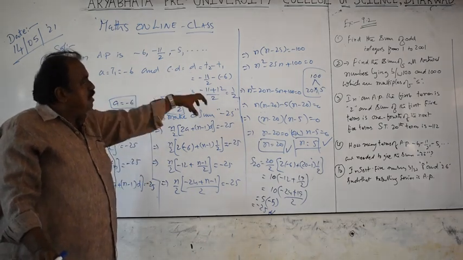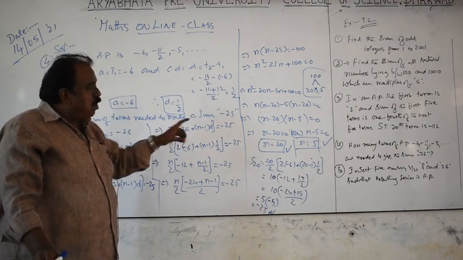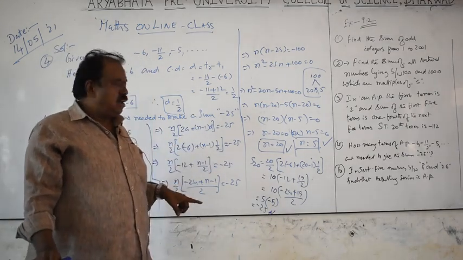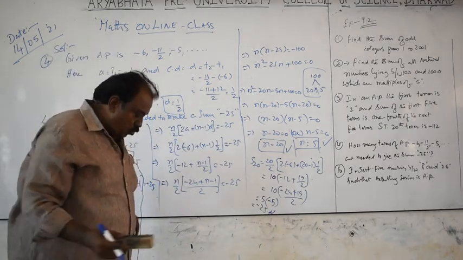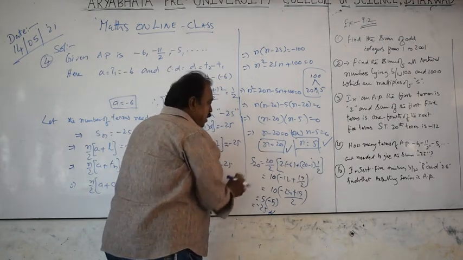If you substitute in that equation, sometimes it will not be satisfied. At that time, you have to check which one is correct. But it is not needed. For your sake, you write it separately and erase it.